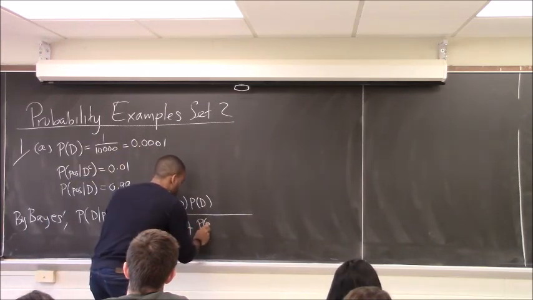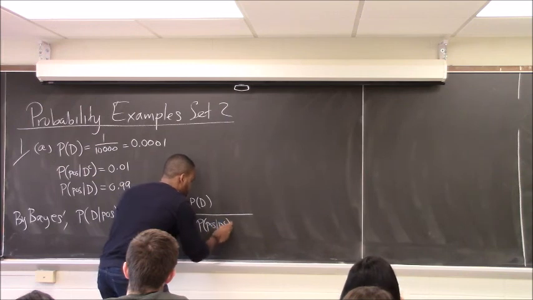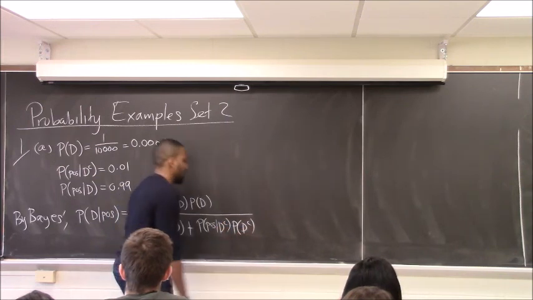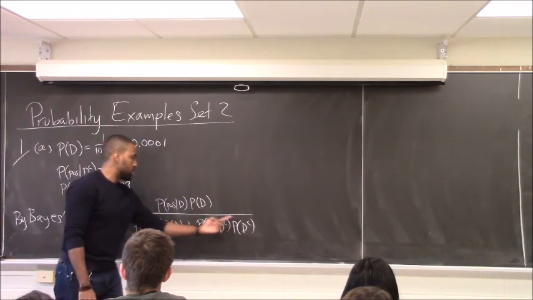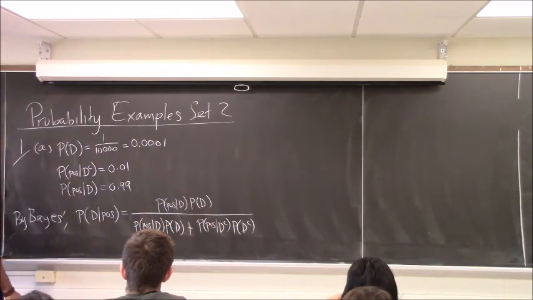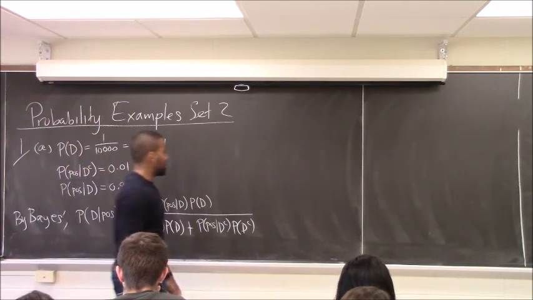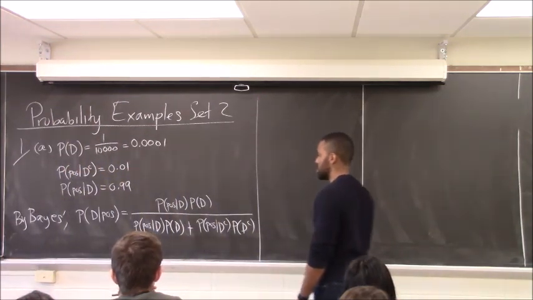What is the probability that you will get a positive result, given that you don't have the disease, times the probability that you don't have the disease? Because you may or may not have the disease, and this will be the sample set for the general population, the sample size, or probability based on the sample size.